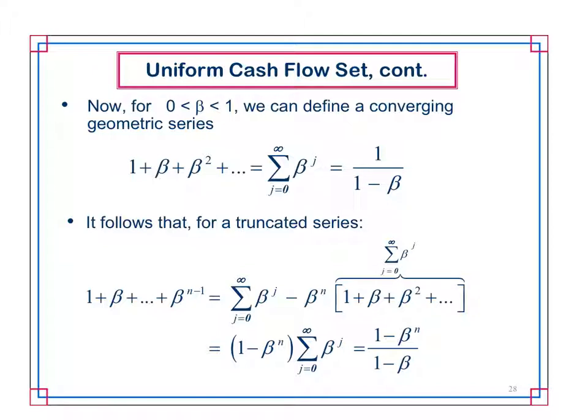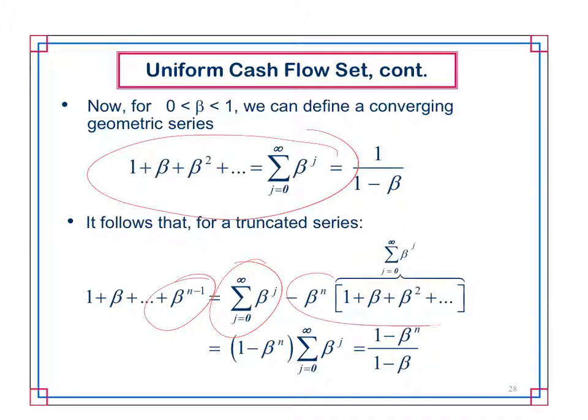So if I do my infinite summation, and I don't know if this is Taylor series, I always forget the one, but if you do an infinite expansion, you're going to end up with 1 over 1 minus beta. If you truncate that series and stop it not at infinity, well, you can take your infinite series and then subtract from it your beta to the n.